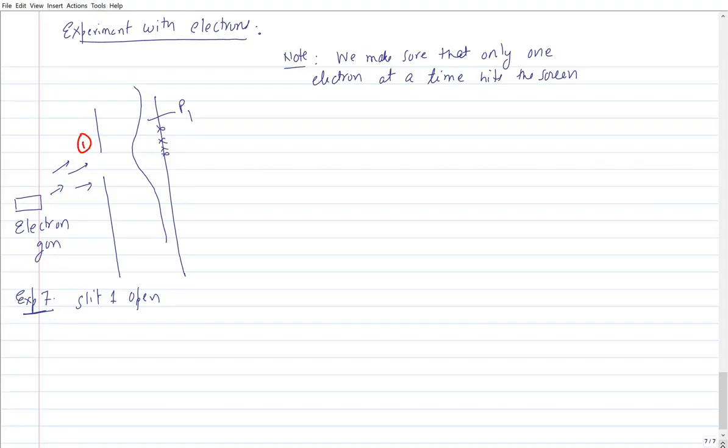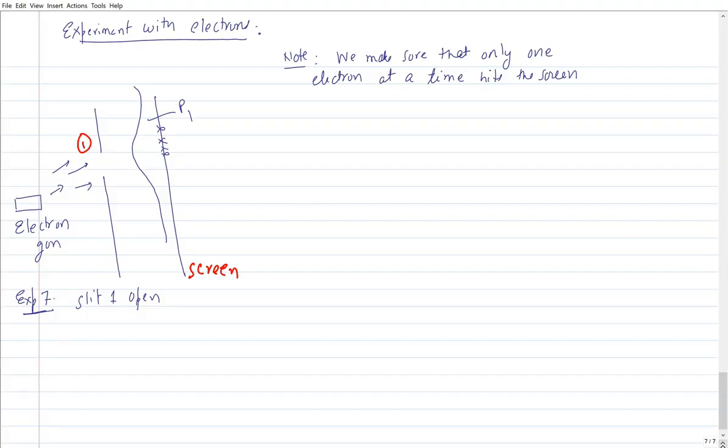When I have the upper slit open, I detect the electrons on this screen, and as I collect the electrons hitting the screen, I again make the histogram and plot the probability distribution. I get a curve exactly like the bullets. It has a peak somewhere, and I get a qualitatively similar curve.